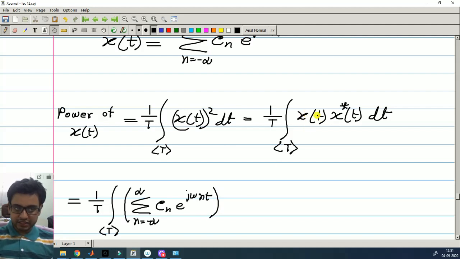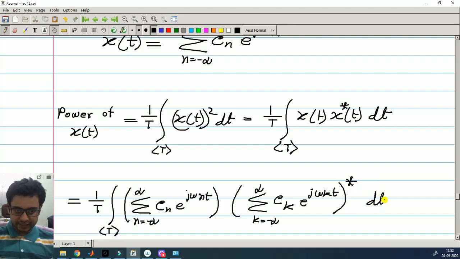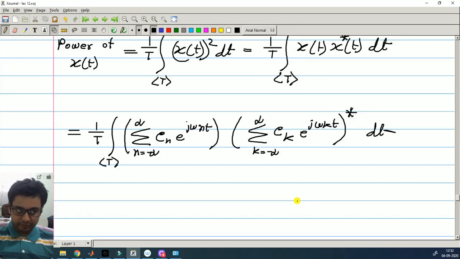This is the first x(t), and in place of the next x(t), let me write Ck e to the power j omega k t summed over k equal to minus infinity to plus infinity, then conjugate of that. I can use any index variable n or k because it's a dummy variable, so whether I'm using n or k, it's not a problem.